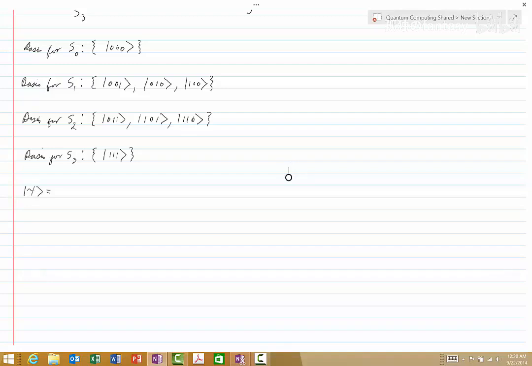Those will be the different measurement possibilities. And I encourage you to go ahead and, for an arbitrary C, write down what those measurement possibilities will be and the probability of obtaining each of those. So take a break and do that, and then we'll resume.